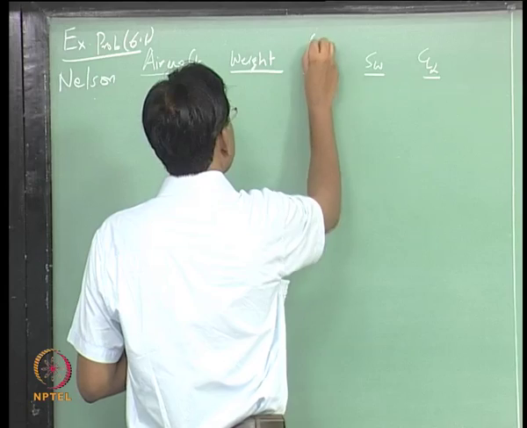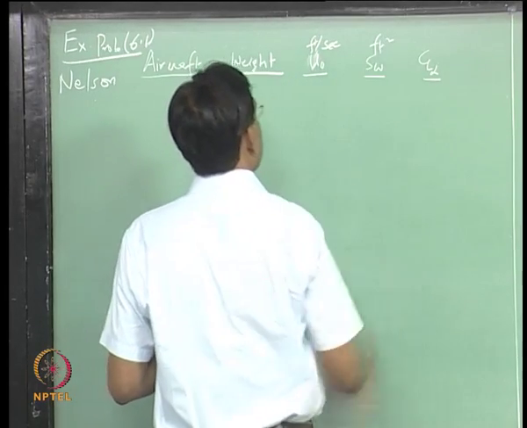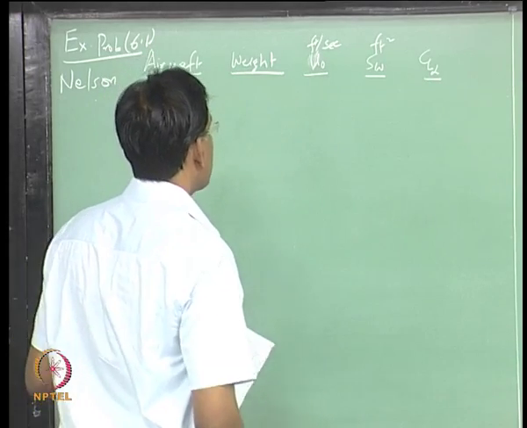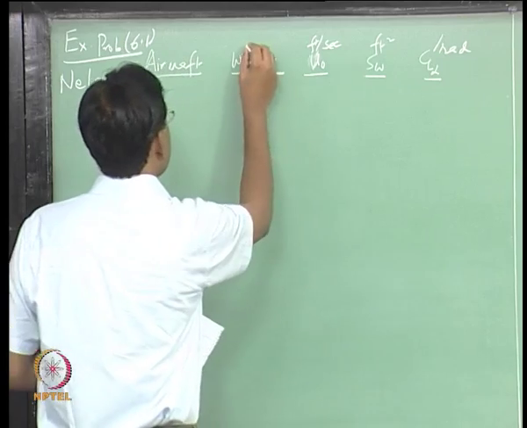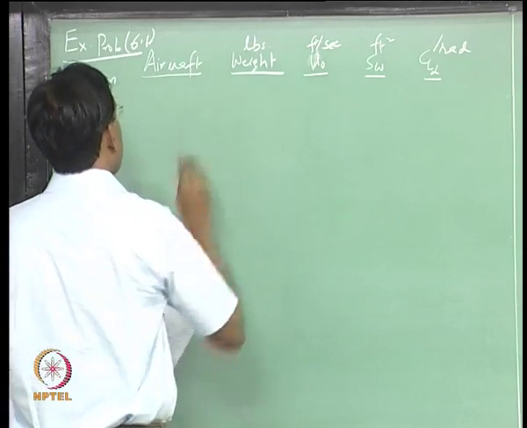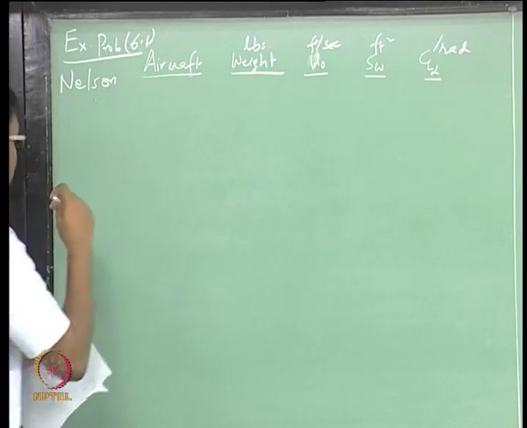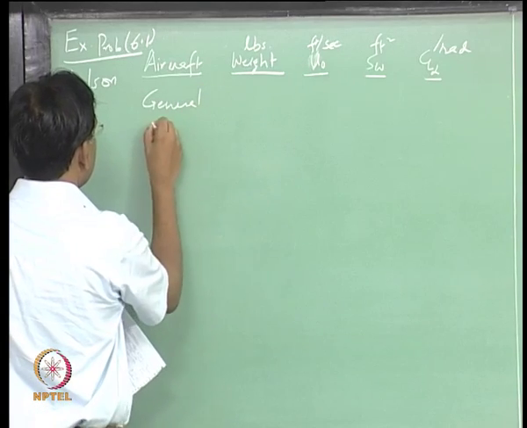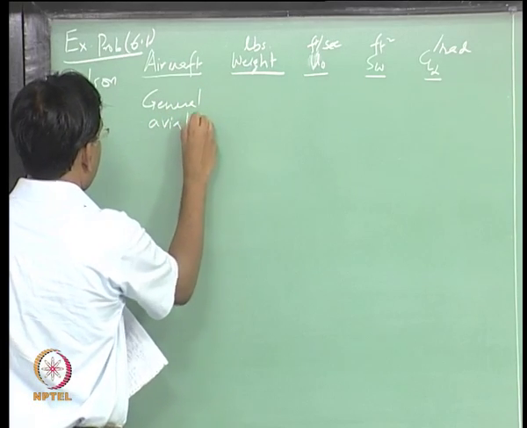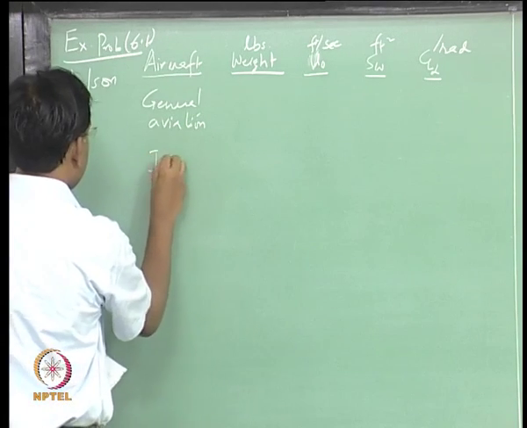The units are here feet per second, feet squared, CL alpha is per radian, weight is in pounds, and the aircraft are two different aircraft. One is general aviation small airplane, and the other one is jet transport.